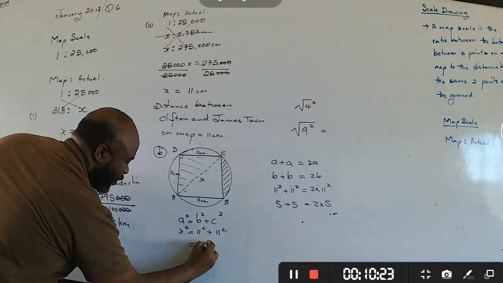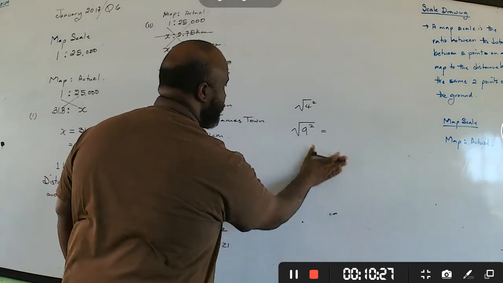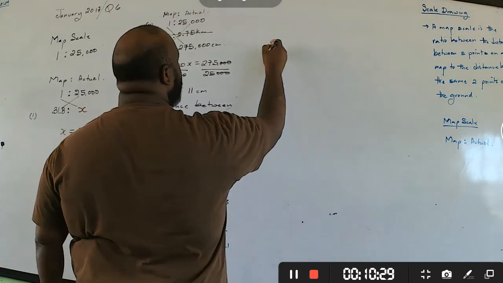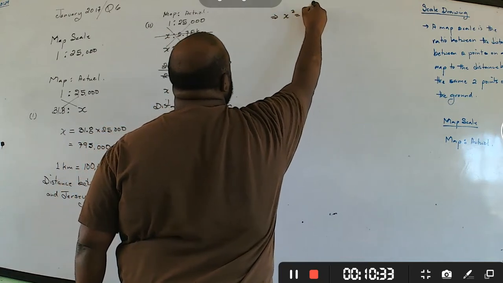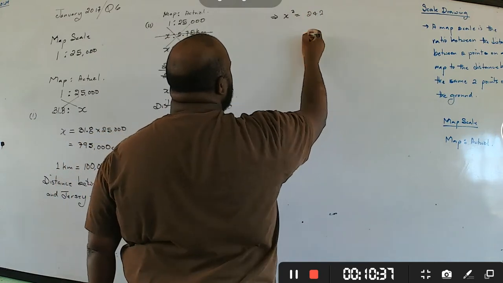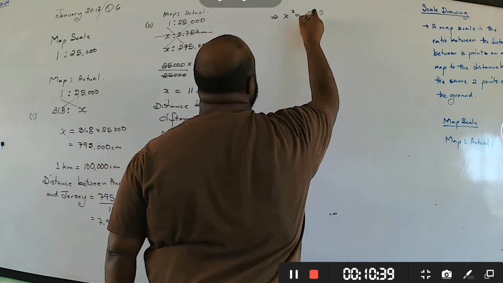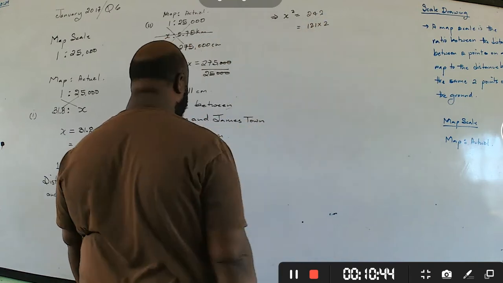This is 121 plus 121. Therefore, x squared is equal to 242. 242 is the same as saying what? 121 times 2. Do you agree? Yes, sir.